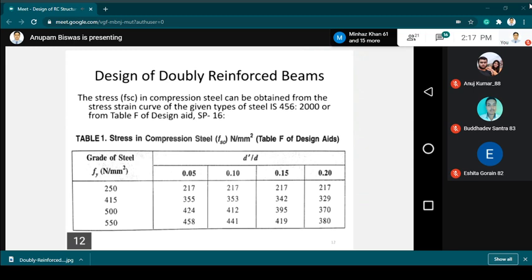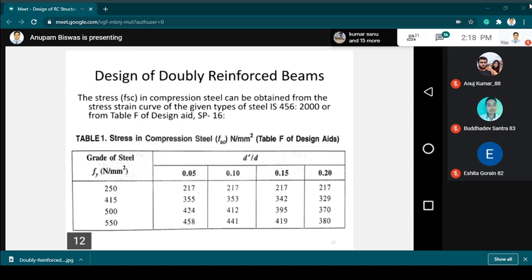For this corresponding value of 0.05, it is 0.87 Fy, that is 217. 0.87 into 250, that is 217. So for all values of d dash by d equal to or above 0.05, the stress in compressive steel is this.